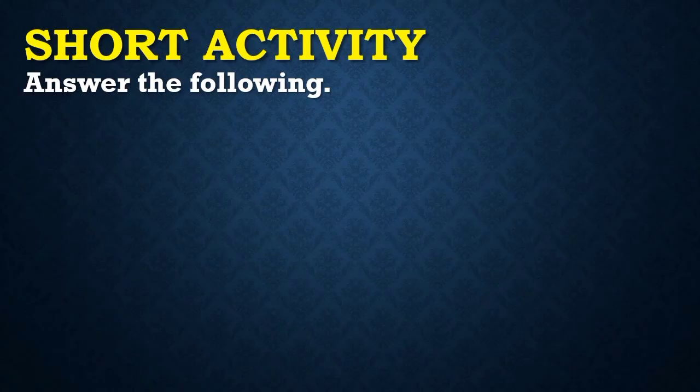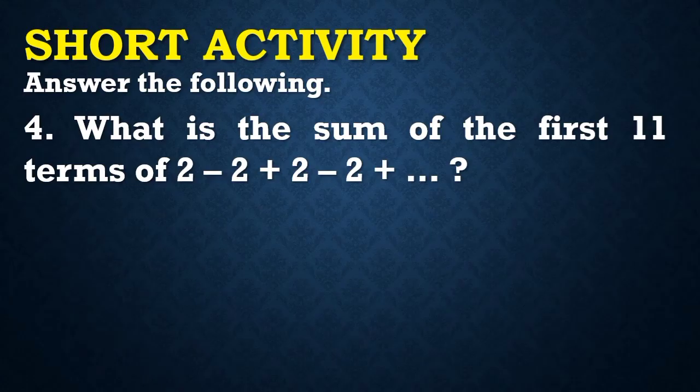For our last problem, what is the sum of the first 11 terms of 2 minus 2 plus 2 minus 2 plus up to the 11 terms? Kanina 10 terms, ngayon naman 11 terms. Ganun pa rin naman, lilista natin yung mga 11 terms.